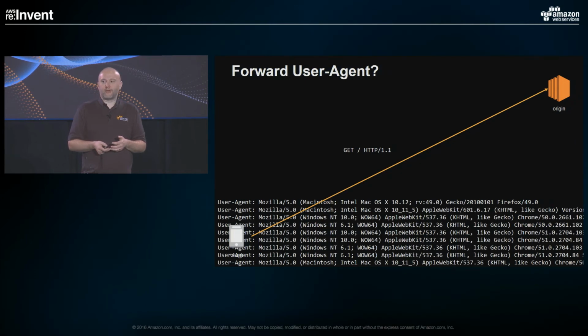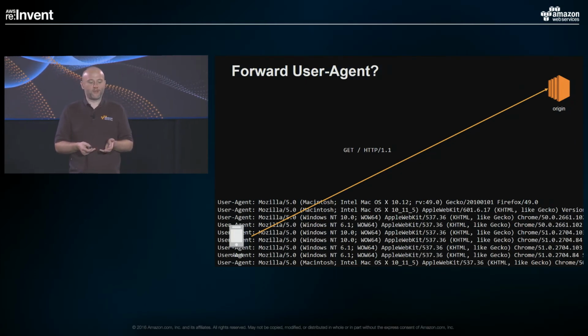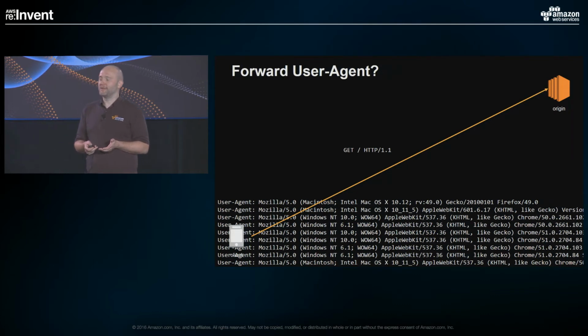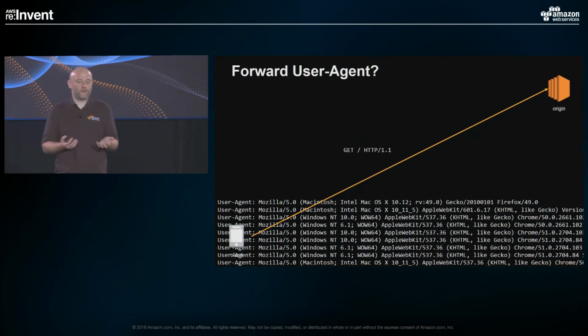But the user agent string varies a great deal, and there's a lot of information that you probably don't need to know. You probably don't need to know, for instance, the exact version number of a browser. Because there's so much variability, if you forward the user agent string, your cache hit ratio will go down. You're forwarding too much information.